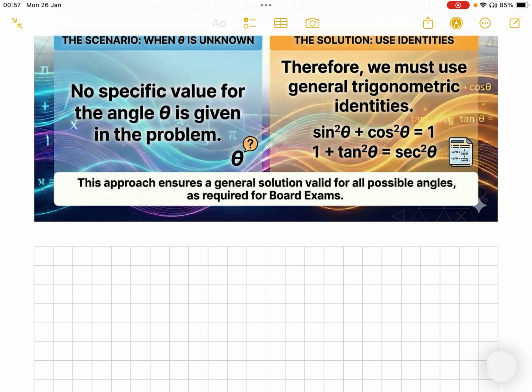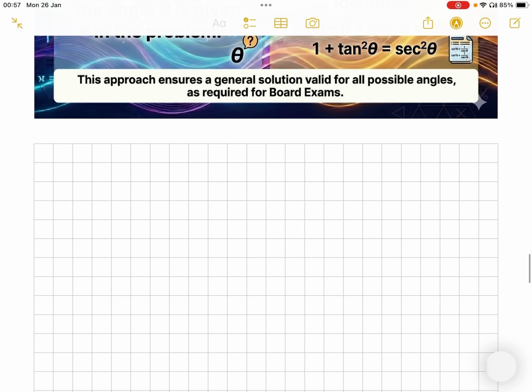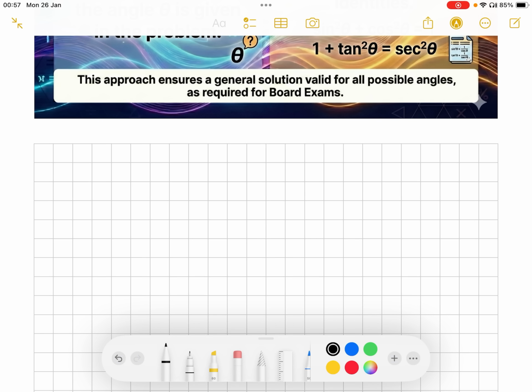Secant theta plus tan theta equals m. It's been given. Find secant theta minus tan theta, is equal to what?